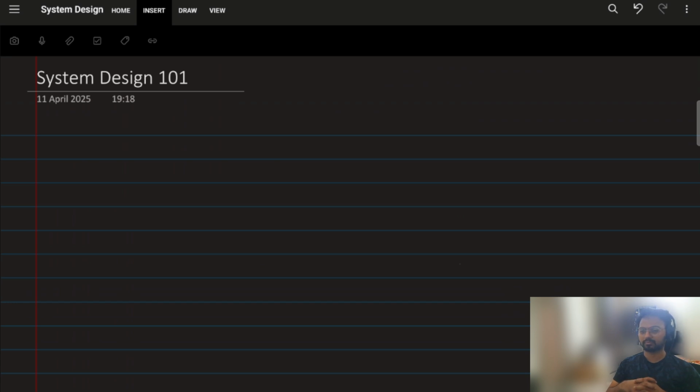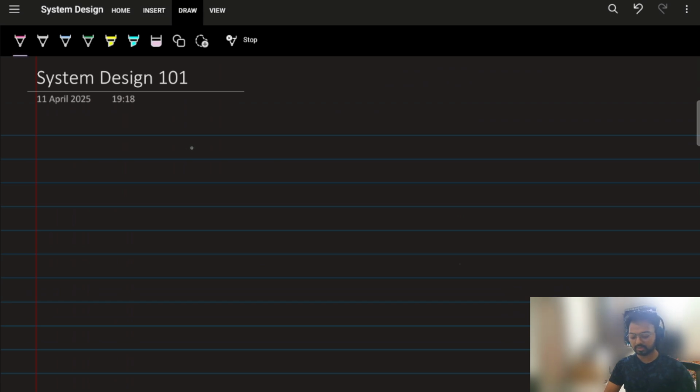Okay, so we'll start with the basics of parallel programming. Fundamentally, parallel programming involves breaking down your task into multiple subtasks that can execute concurrently. What do I mean by concurrency? You are going to manage your task in such a way that you can run multiple tasks at the same time.